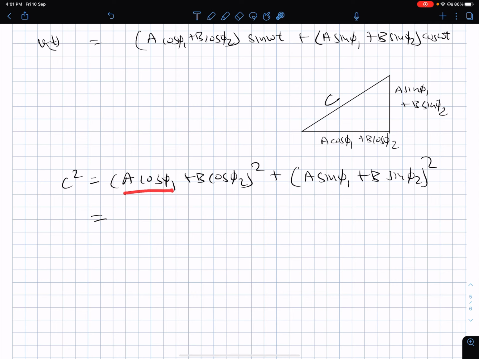which is A square cos square phi 1 plus A square sine square phi 1, which is A square times cos square phi 1 plus sine square phi 1, which is A square.